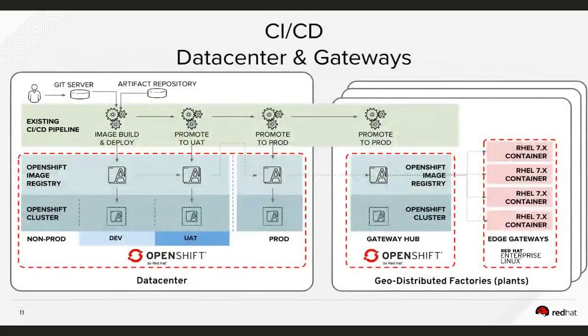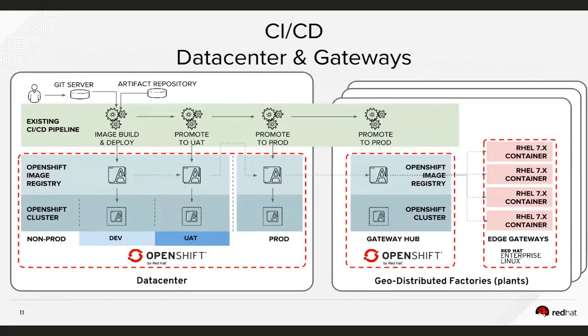Actually, as we said, we can easily install and use OpenShift both in the central data center and in the factory. Then we can leverage the OpenShift CI/CD features with Jenkins, for example, for handling all the development needs.